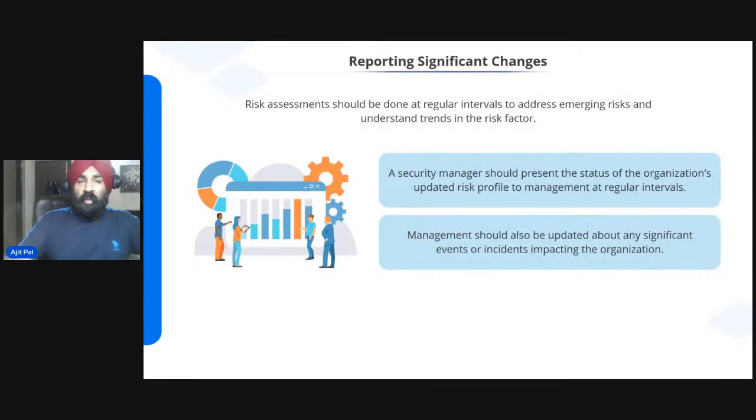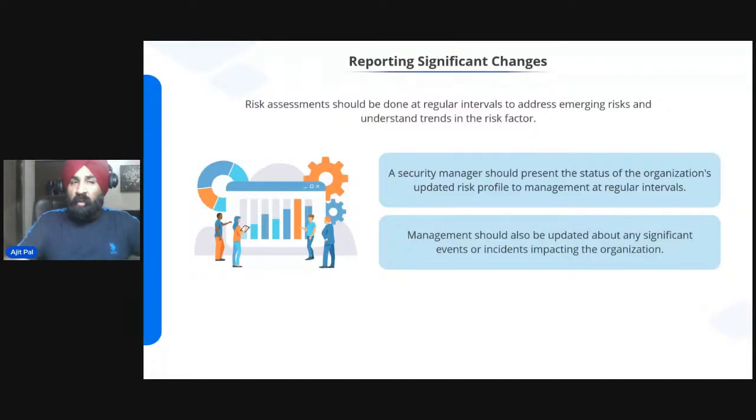Although organizations do have processes in place to communicate about the risk to the management in a regular manner, sometimes you can't wait for that duration to come. For example, you have just completed sending a communication.